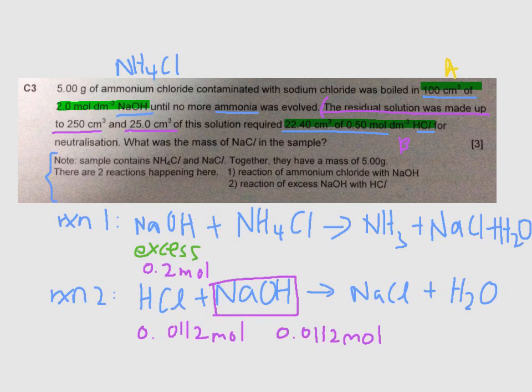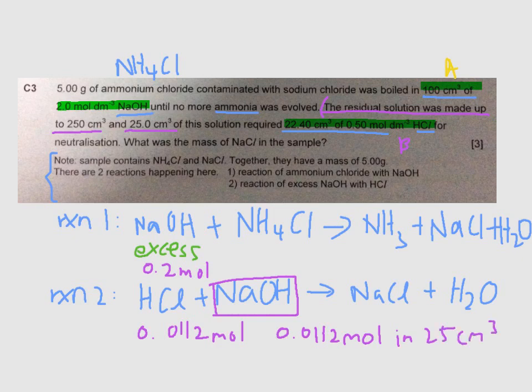Residual means the resulting solution from your NaOH and NH4Cl reaction in reaction 1. Out of that resulting solution, only 25 cm3 was used for the titration. So if you recall, once you transfer the solution, the amount also changes in a proportional manner. So 0.0112 moles is in 25 cm3.